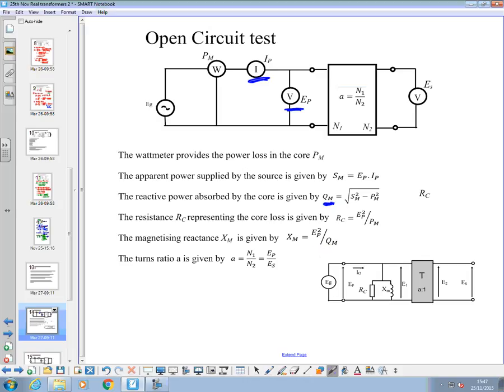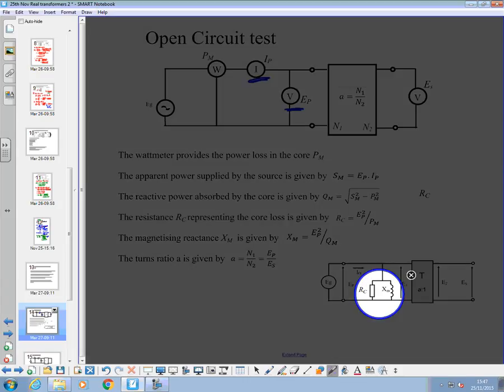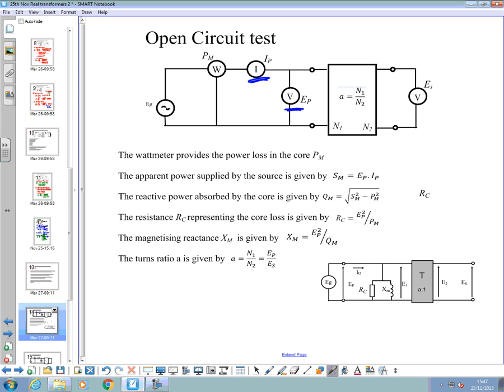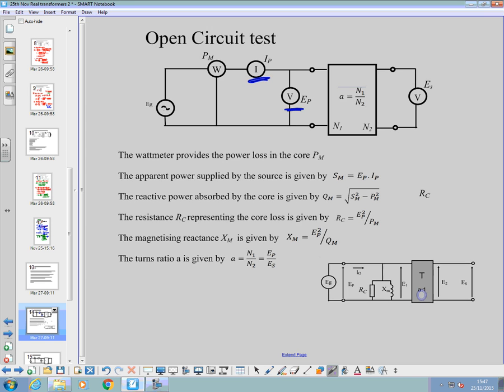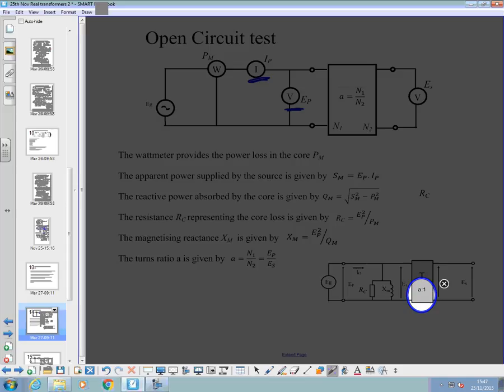And then the fact that we've measured also the secondary voltage, we can use that to find the transformer ratio A. So from that one test, we've found out the value of these two components, RC and XM, and we've found out the value of A, the transformer ratio, the turns ratio.